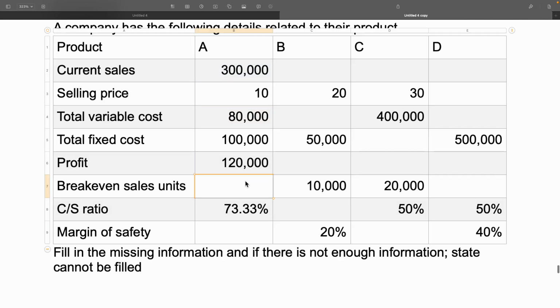Break even in unit. So the contribution per unit is, this has got 30,000 unit. Remember, this is 30,000 unit. Selling price is $10. So here is 30,000 unit.